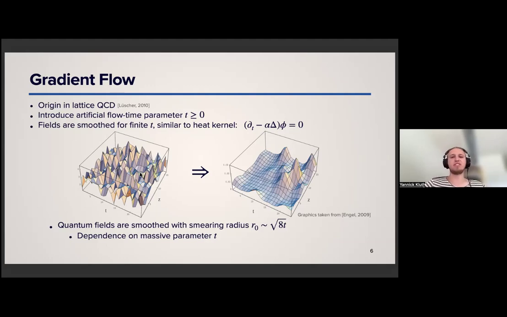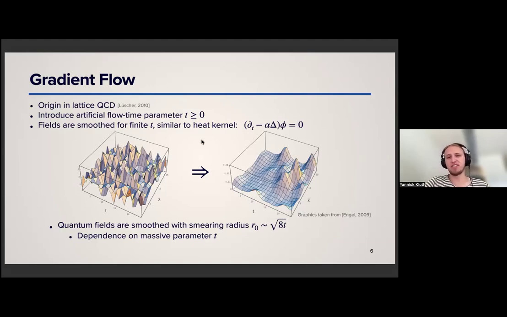When you do this, you can understand that you smear out quantum fluctuations within a typical radius. For example, you smear out these fluctuations within a Gaussian curve of radius square root of 8t. And this shows us that we have some sort of massive parameter entering the game, really given by the flow time parameter.